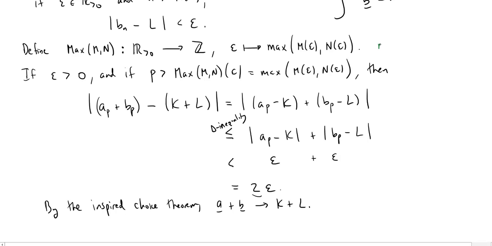So you could instead go to m of epsilon over 2 and n of epsilon over 2. All right, that's the inspired choice, because now when you get down to the bottom, you go out past these eventually numbers, so these differences will be less than epsilon over 2 and epsilon over 2, and when you sum those, you'll get epsilon.